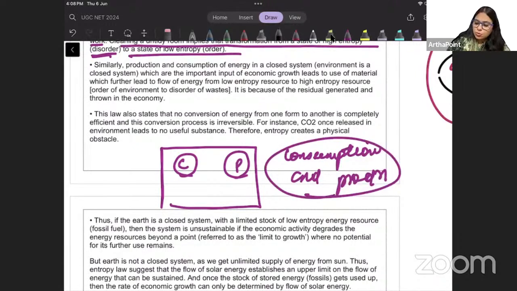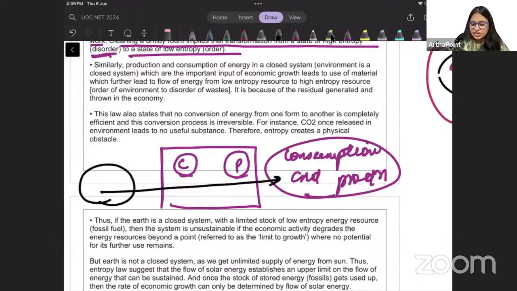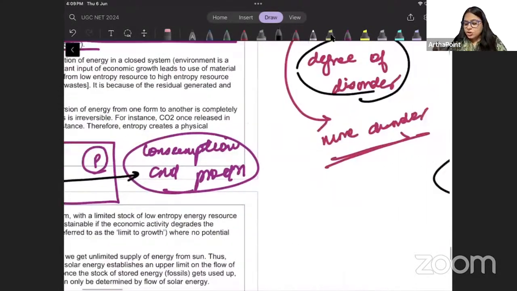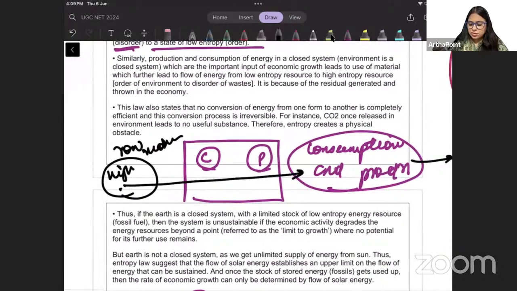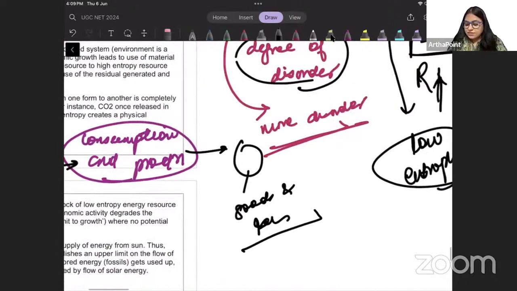But suppose हमने कुछ amount of raw material लिया process करने के लिए, तो when we process that raw material into goods and services, ये raw material का high entropy है. ये raw material highly disordered है, बहुत अलग अलग जगह पे फैला हुआ है, it is spread throughout. हमने उस raw material को collect किया, हमने उसे process किया, we converted it into goods and services, जिसको हमने low entropy बनाया.